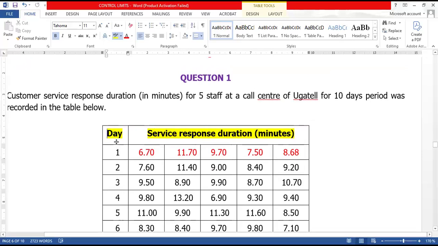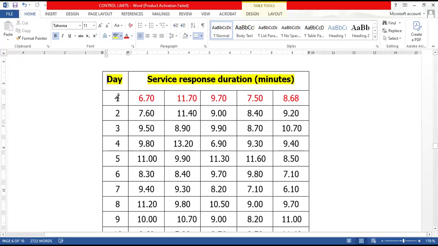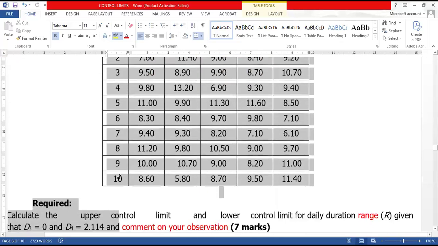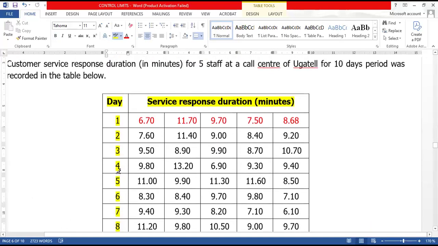So the days are your samples. You have 10 samples. In a day, you are observing 1, 2, 3, 4, 5 times. So the total N is 5.